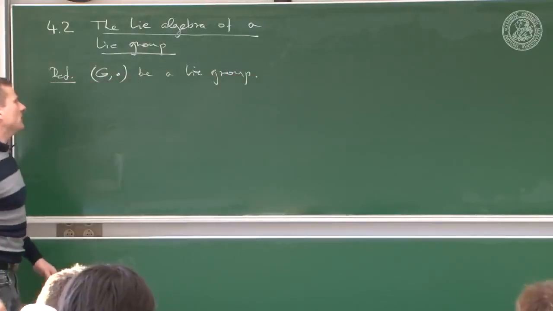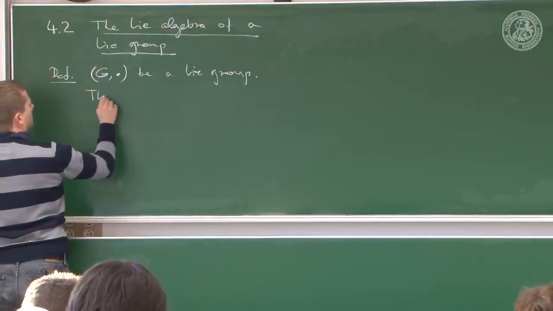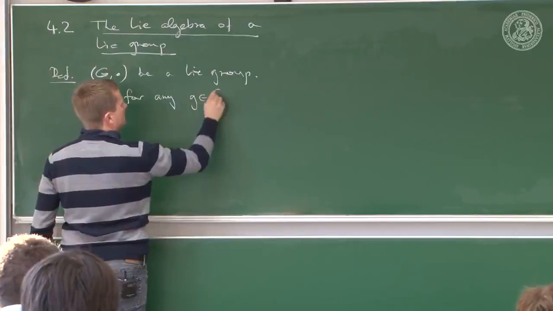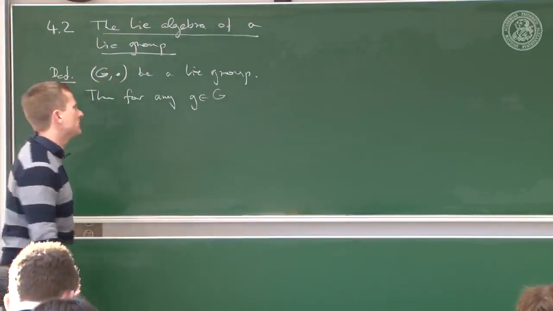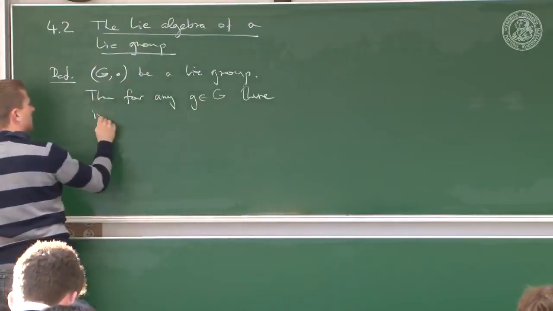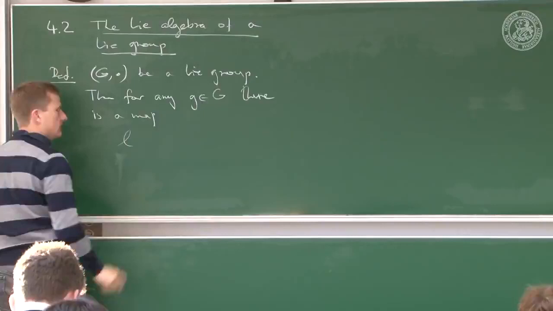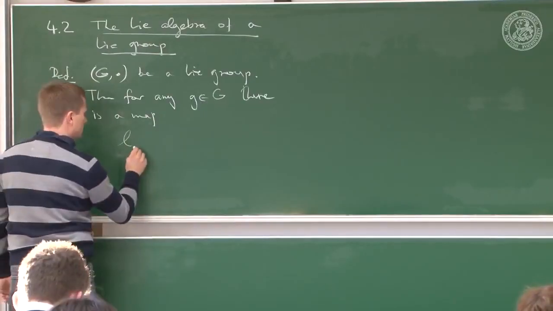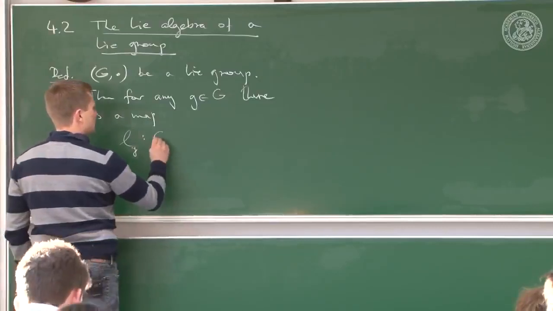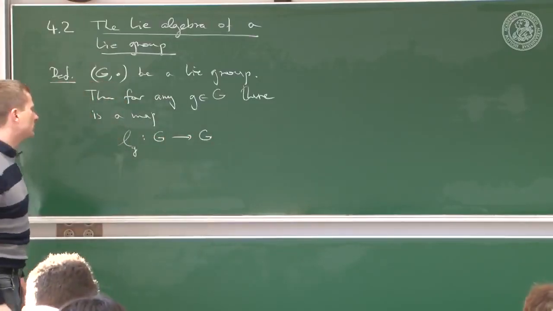Now, something very simple is the so-called left translation. Then for any g in G, for any group element, there exists a map. Let's call it L, like left, and sub g, because it depends on the g. And it does something extremely simple. It maps you from the group into the group.